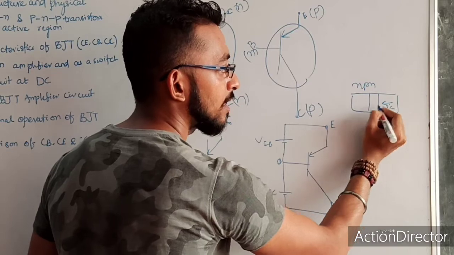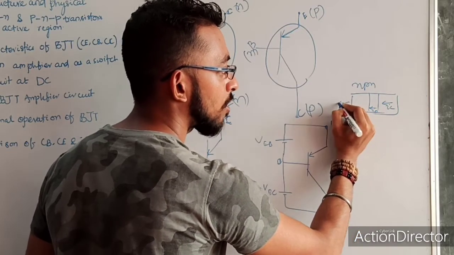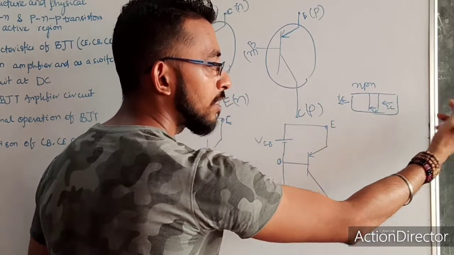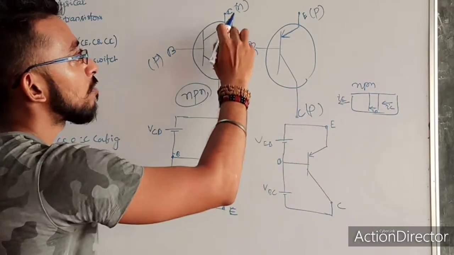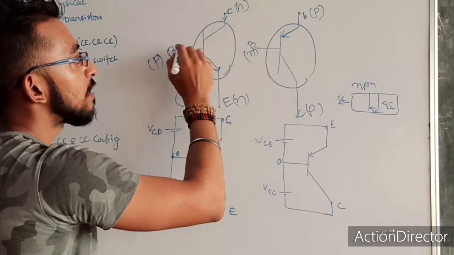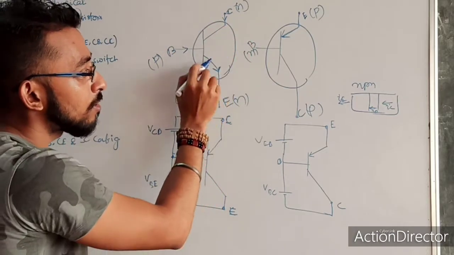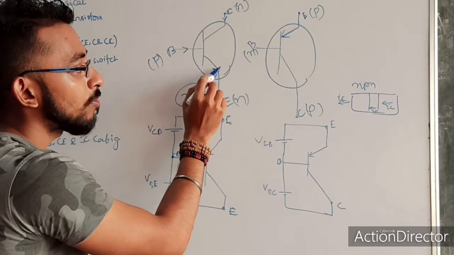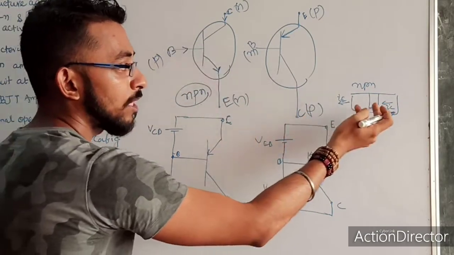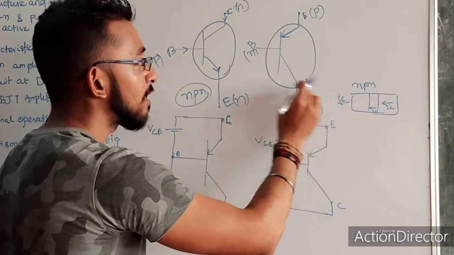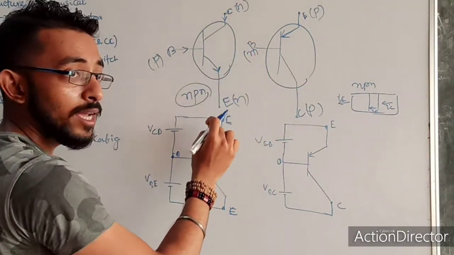This is the IC, this is my IB, and both combine to give me a current IE. Means collector current and base current combined together will give me the current IE. So you see, this is the IC, this is the IB, both will combine, they will flow in this direction. That's why this arrow mark is showing the direction of current. Okay, so in NPN, the two combined will give me IE. Here also two combined and giving me current IE.